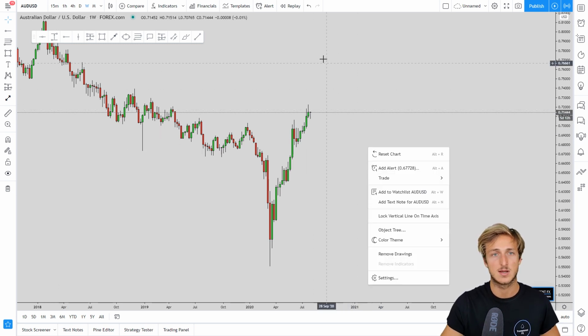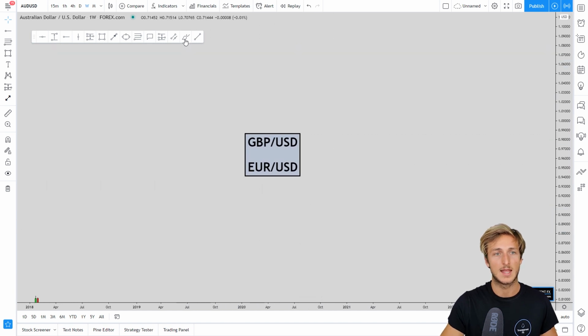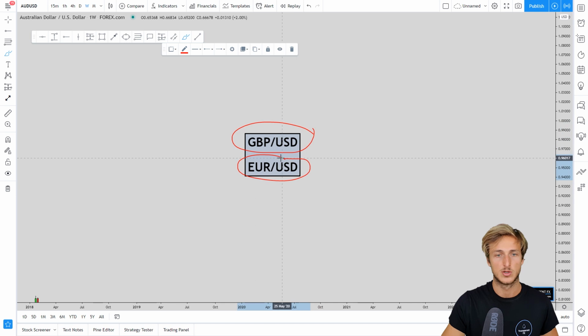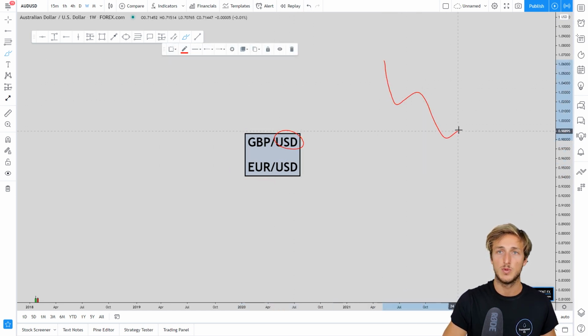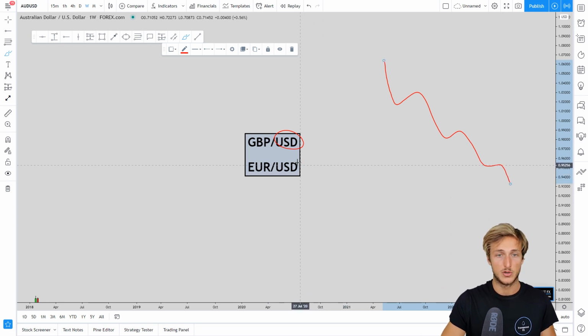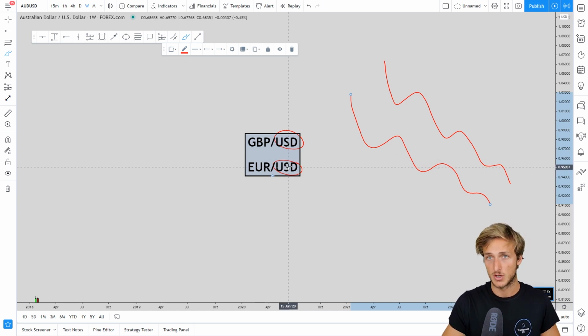So let's take, for example, GBP USD and Euro USD. Now, these two pairs both have the USD inside of them. So obviously they are correlated, meaning that if the USD, for example, is getting stronger, then GBP USD will be moving to the downside, and Euro USD will be doing the same thing. It will be moving to the downside because the USD is getting very strong.